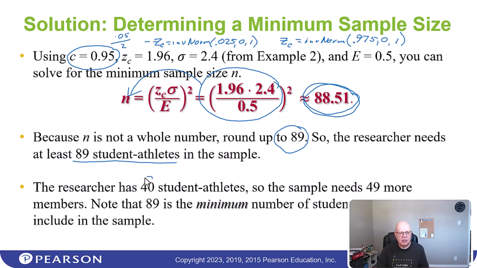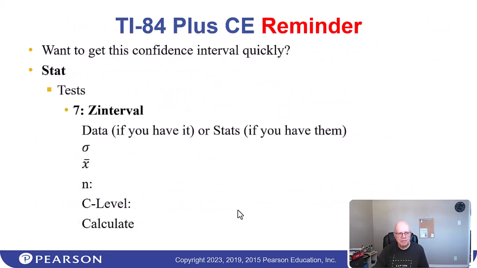Since it actually had 40, it wasn't enough. If you want to be 95% confident, you're going to need 49 more, because 89 is the minimum number. And one last reminder, if you want to get that confidence interval quickly, then hit the stat key, go over to tests, pick number 7 for the z interval.